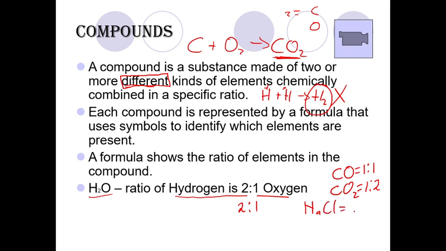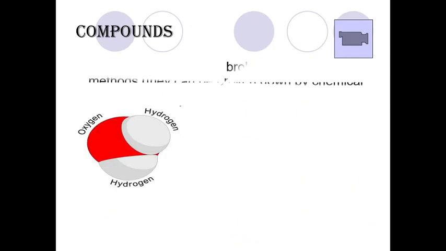What is the ratio for sodium chloride? Is this a compound? Yes, it's a compound. Why? It's made up of 1 sodium atom and another different type of atom, the chlorine atom. So I have 1 chlorine atom and 1 sodium atom, so the ratio is 1:1. That is what we call a ratio.